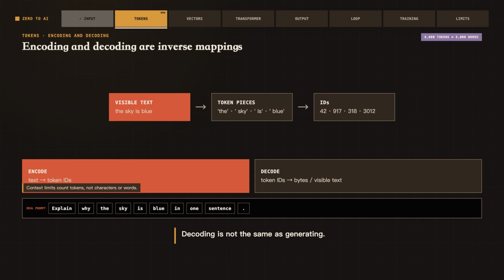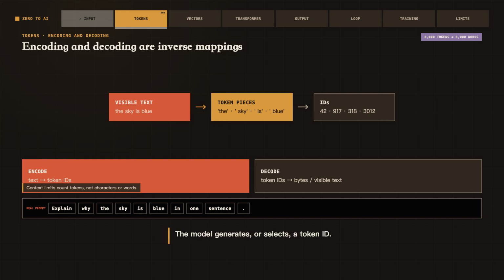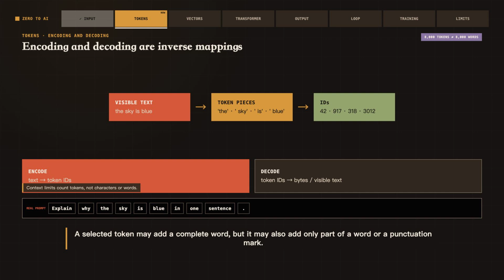Decoding is not the same as generating. The model generates or selects a token ID. The tokenizer then decodes that ID into text. A selected token may add a complete word, but it may also add only part of a word or a punctuation mark. That is one reason streaming text can sometimes appear in uneven chunks.